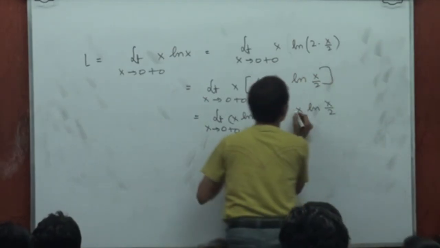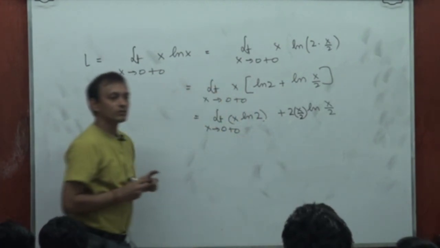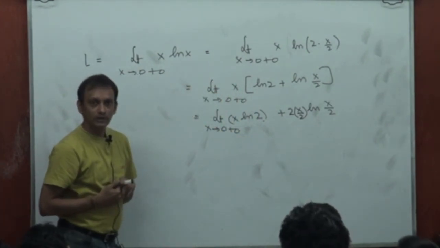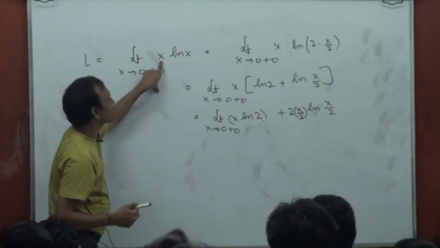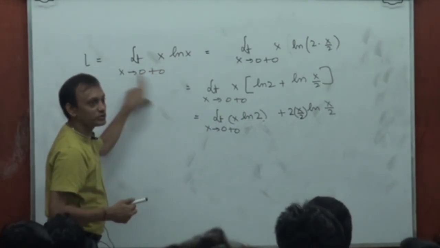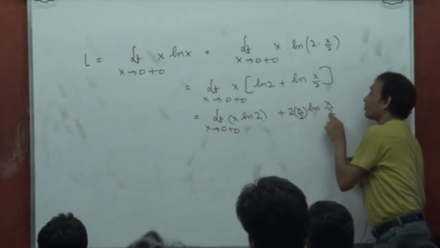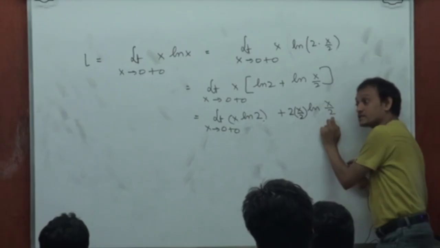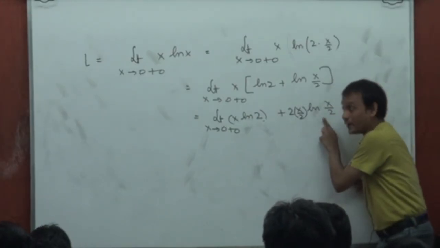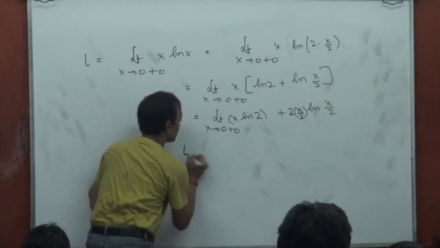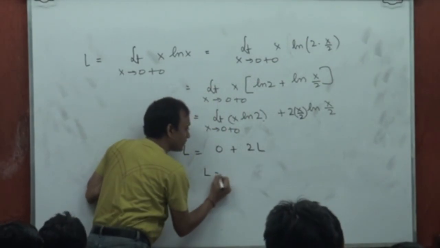Now this I can write as 2 into (x by 2). Same thing: limit t into log t as t tends to 0 from the greater than 0 side will still be L. So this becomes 2L. Yes or no? So left hand side L is 0 plus 2 times L. So L will be 0.